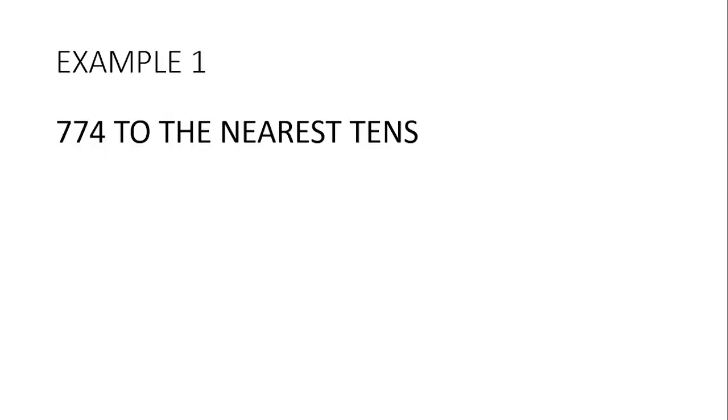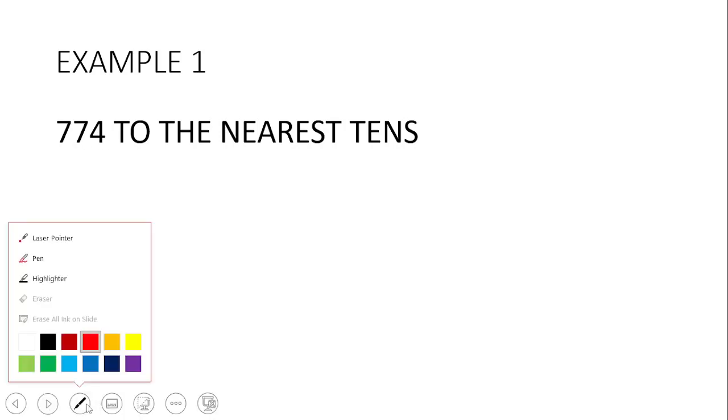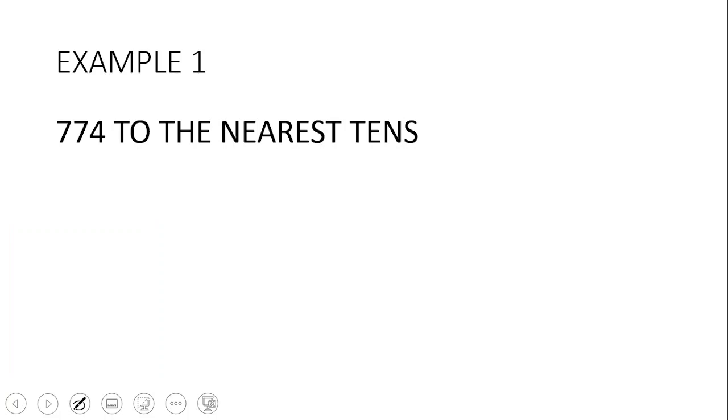So I want to round 774 to the nearest tens place. If we remember, the tens place is right here, that 7 right next to the 4. That's the 7 we're concerned about. So we know we want to round to the tens place, and we look at the number to the right.